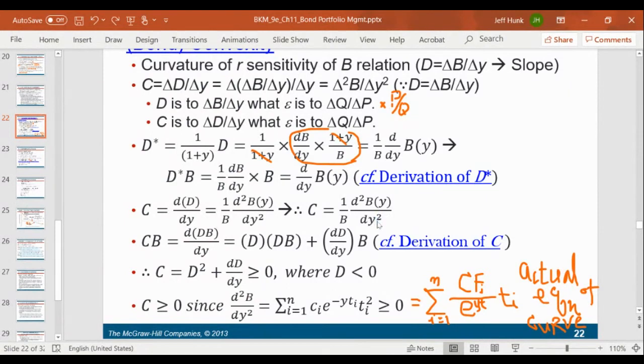with respect to y. Now, to get rid of that 1 over B, if you multiply both sides by B, then it will simply be d squared over d times B, right? Because you multiplied it on both sides.